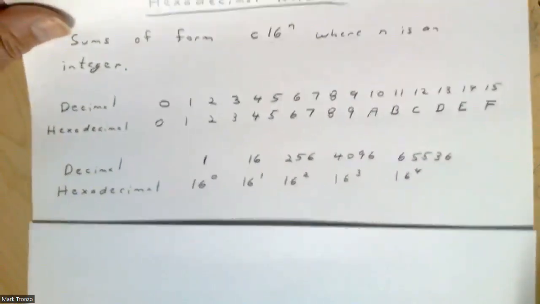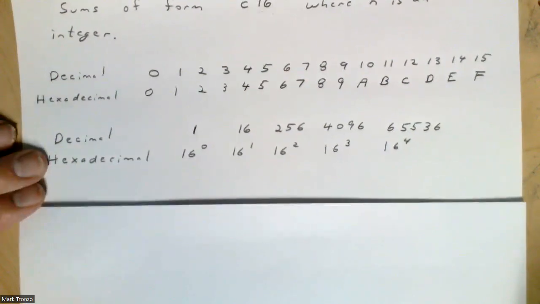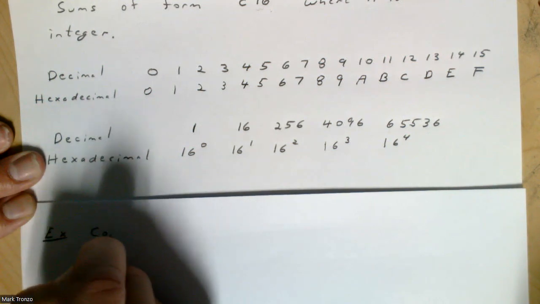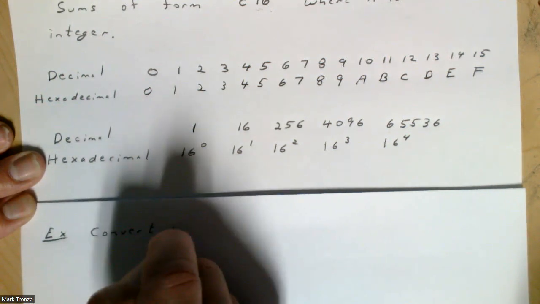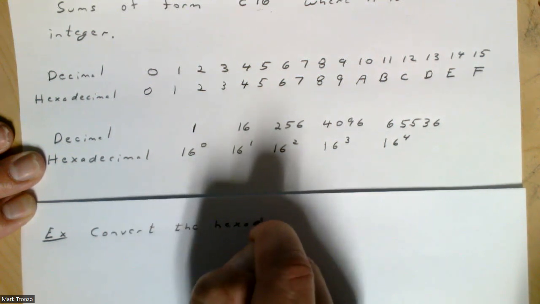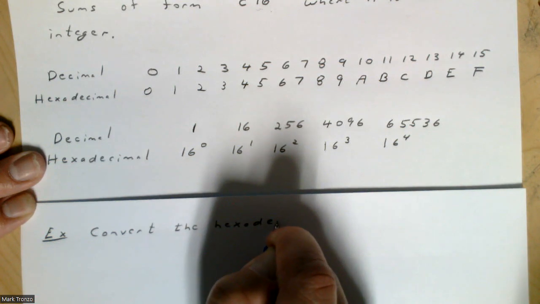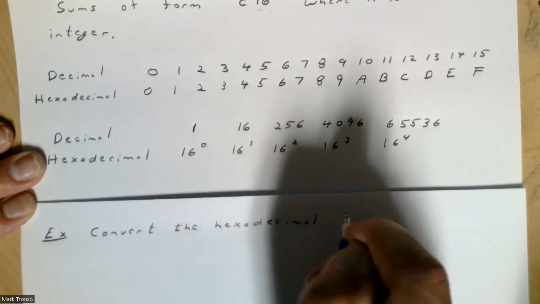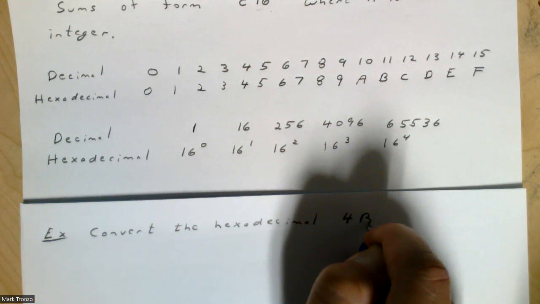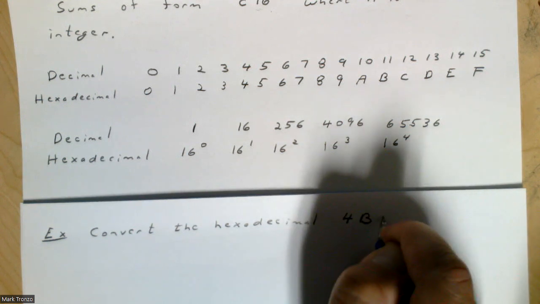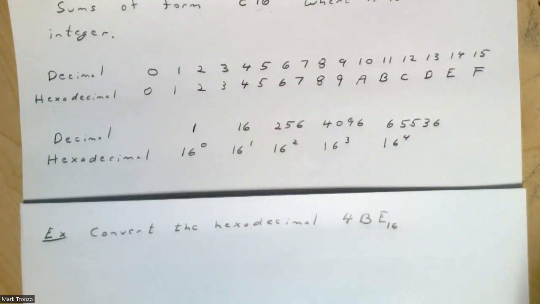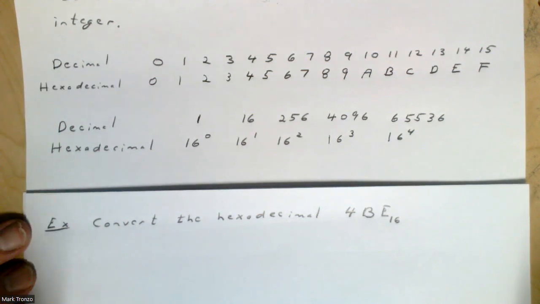So suppose you have a hexadecimal number. Convert the hexadecimal, say 4BE, again, this is base 16 to decimal.